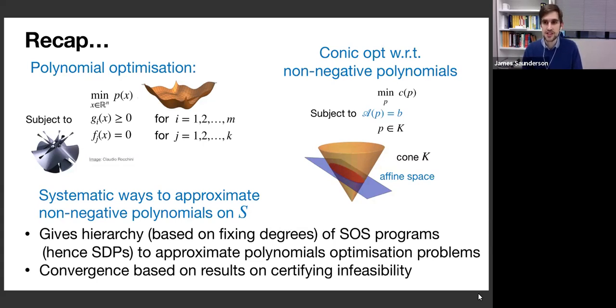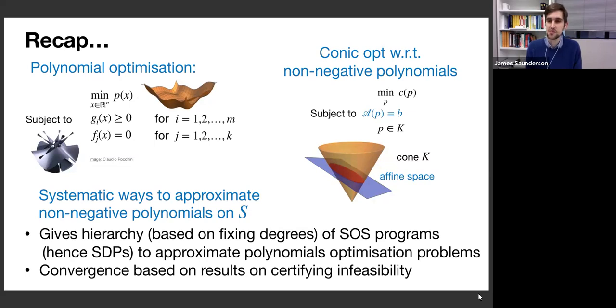Once we choose these degree bounds, our systematic approaches to approximating really involve linear constraints on sums of squares of some degree. Okay, and we can then convert these things into semi-definite programs. All right, so that was the basic path.